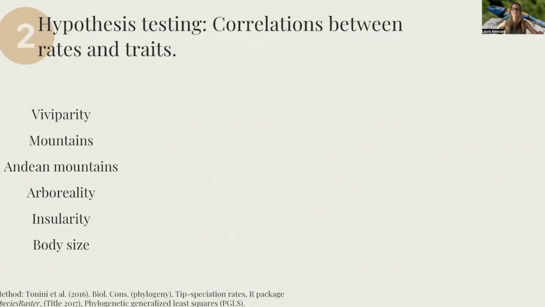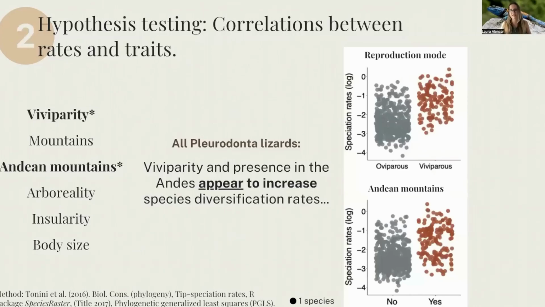So, after identifying these aspects as potential sources of ecological opportunities, we wanted to explicitly test for potential correlations between each of these traits and the diversification rates. To do that, we performed several phylogenetic correlations, which suggested that reproductive mode and Andean mountains were the only two traits significantly associated with the diversification rates.